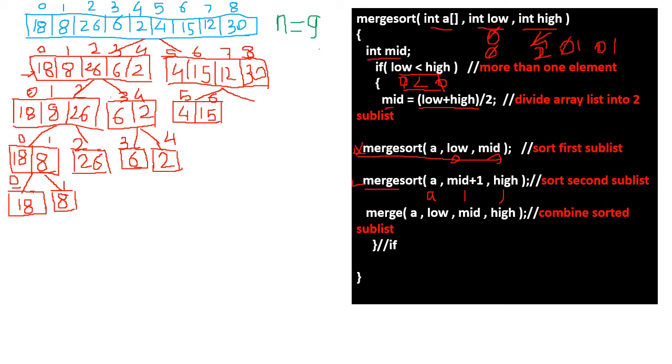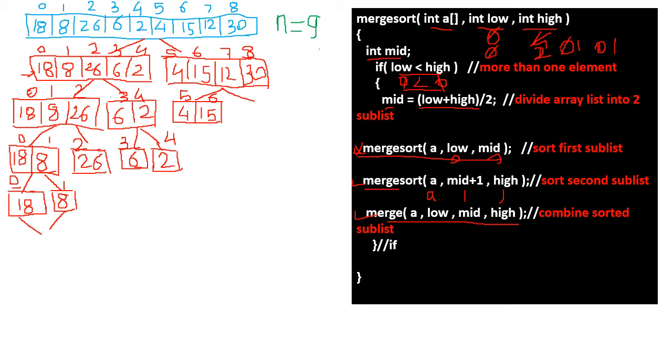Then what to do? The third function, this merge function, will evaluate the merging of these two sublists, 0 and 1. This is the main function of merge sort. This is the backbone of the merge sort technique.